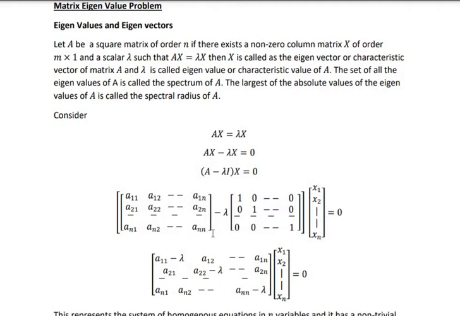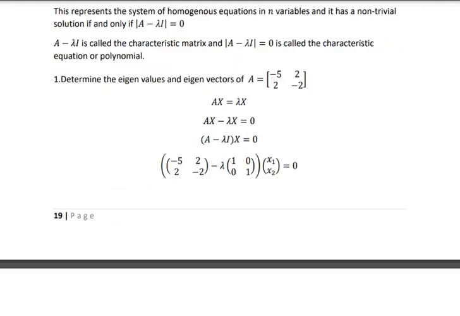So when you do the subtraction, you will get a11 minus lambda, a12, etc., a1n, a21, a22 minus lambda, etc., a2n, an1, an2, etc., ann minus lambda, times x1, x2, etc., xn. So that will be equal to 0.